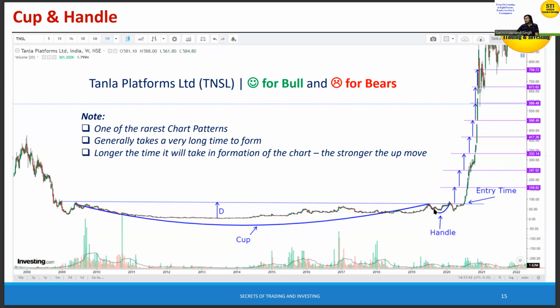But this particular script moves from 50 rupees to 2000, in less than 6 to 8 months. So 50 rupees to 2000 means how much? Around 40 times.